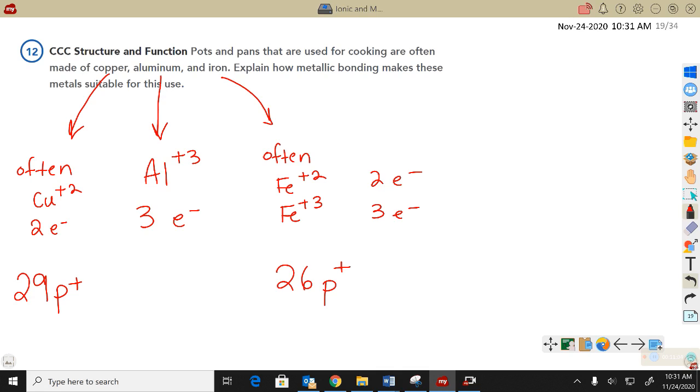For cookware, we also have to think about elements that are relatively stable and realistic to use. Something like gold and platinum have really insanely high melting points, but they're hard to find, and in nature you would have to mine them and purify an ore.